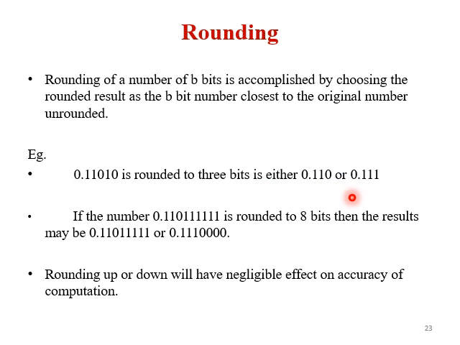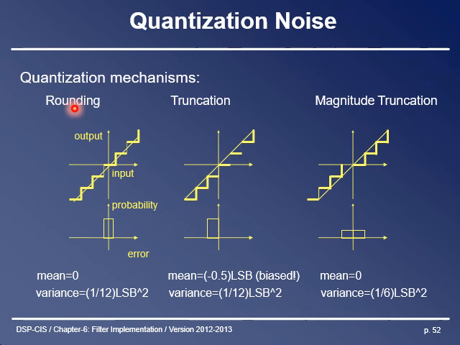That is rounding. Rounding up or down will generally have a negligible effect on the accuracy of computation. After this we will calculate the quantization noise. So this is the quantization mechanism: first the rounding, then the truncation, then the magnitude of truncation.